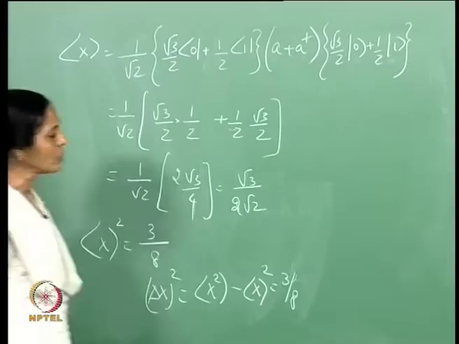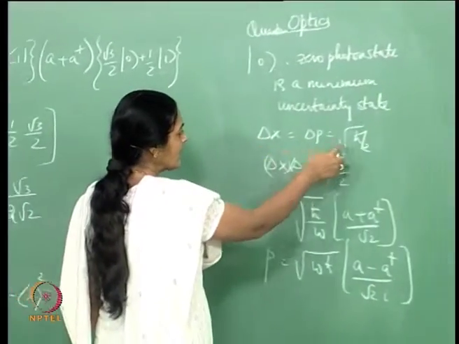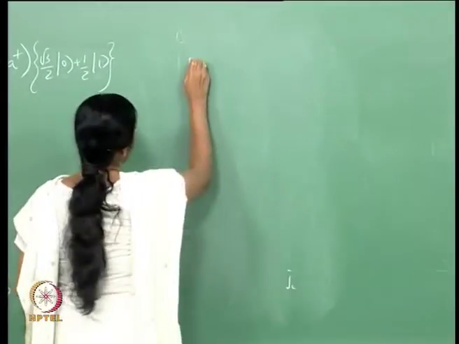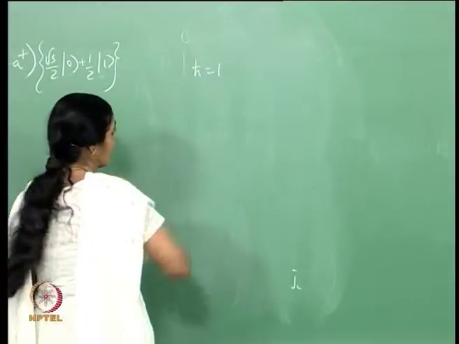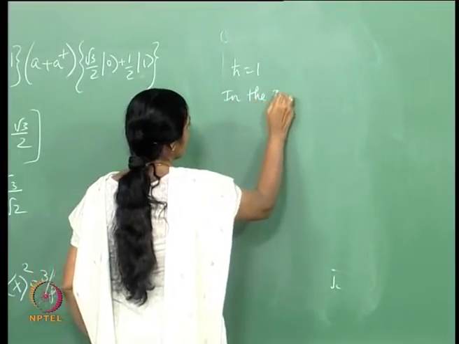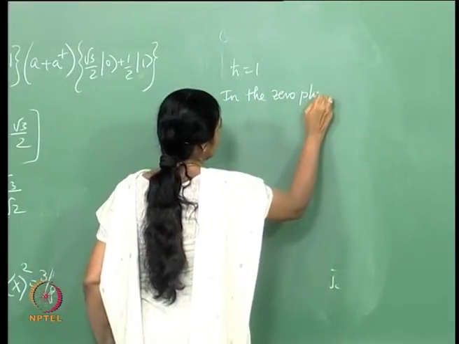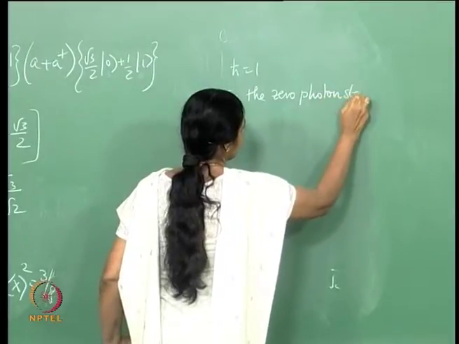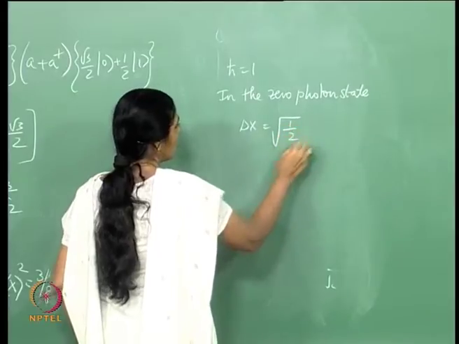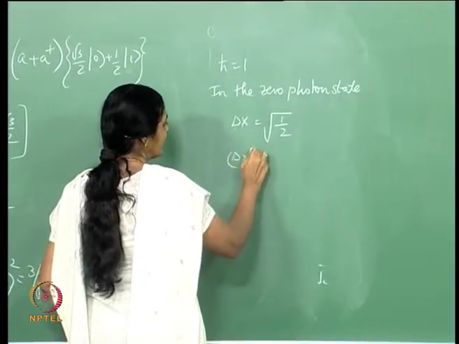What happens in the ground state? Delta x the whole squared, when I set h cross equal to 1, which is what I have been working with for simplicity, in the ground state or in the 0 photon state, delta x is root of 1 by 2, and therefore the variance is half.